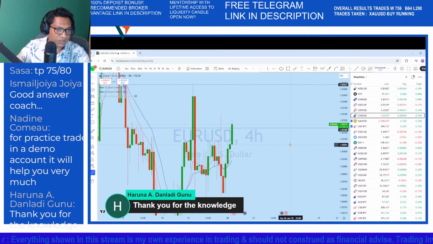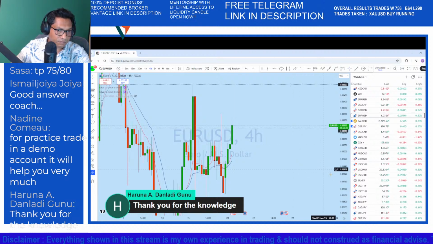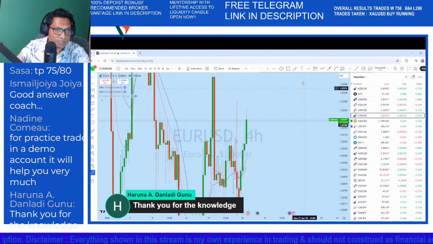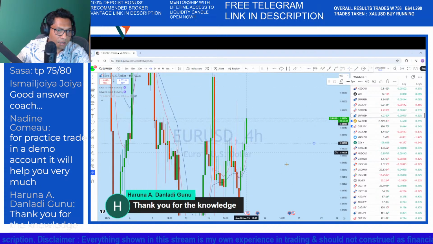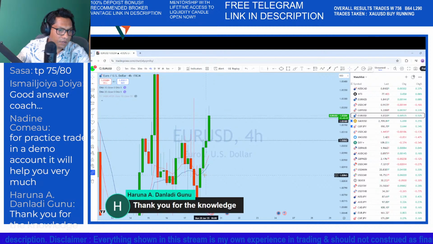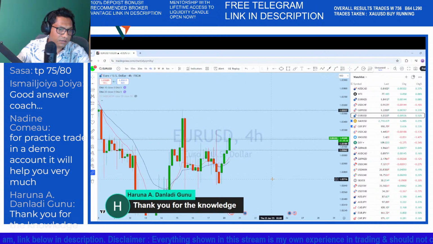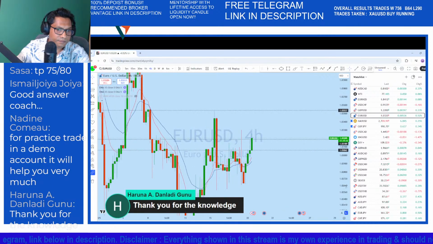Okay, so this is the 4 hour, and in the 4 hour you can see there is a gap open. If you look at here, this is a gap open, and a long wick, this is a middleman here, followed by a doji, and a gap open.